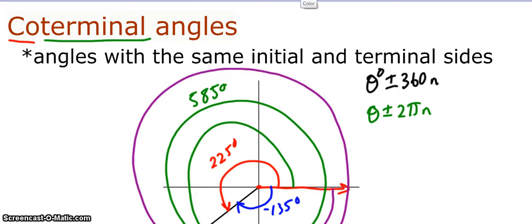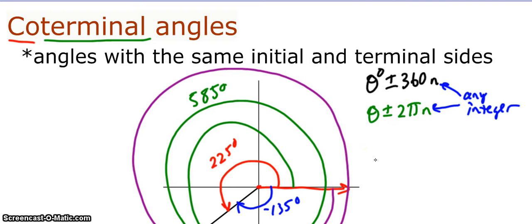You may or may not have seen this notation before, where we do a number times n, here 2 pi times n. n is just representing an integer. So we can say 360n or 2 pi n, because if n is 7, then it's 360 times 7, and we're going to add or subtract that to theta. Or here, if n is 7, then it would be 14 pi, and we add or subtract that to theta.